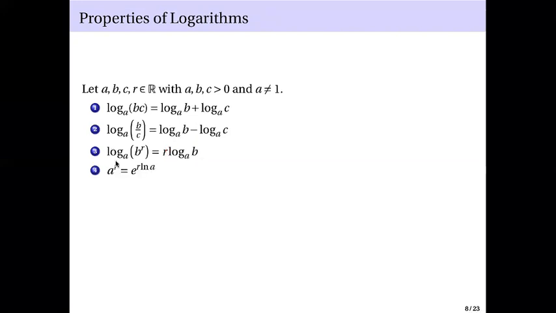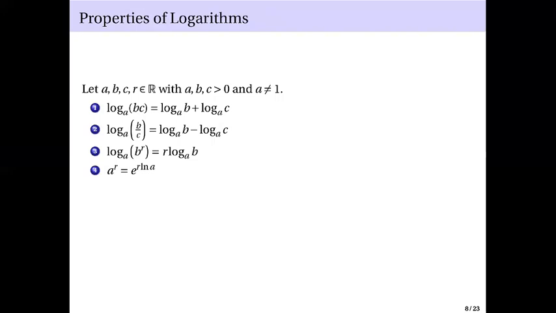Another property here: you can write a raised to the power r as a raised to r equals e raised to r ln of a.